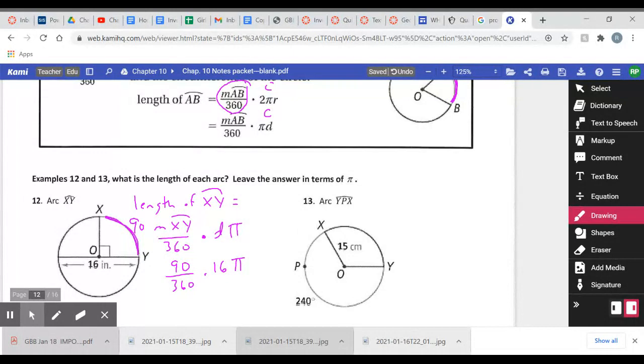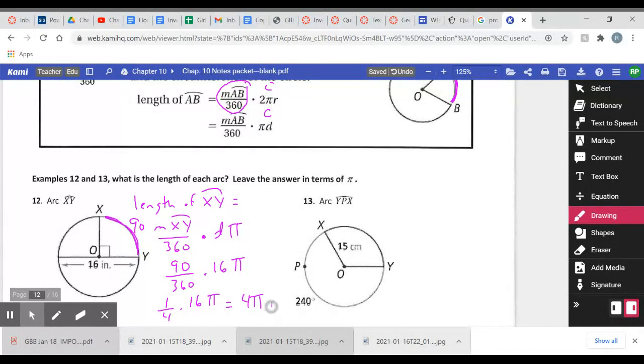And in this particular case, if I want to go ahead and reduce the 90 over 360 down, I can. I know 90 goes into 90 one time, 90 goes into 360 4 times. So if that's helpful to you, you can go 1 over 4 times 16 pi. And if we think about 1/4 of 16 pi gives us 4 pi.